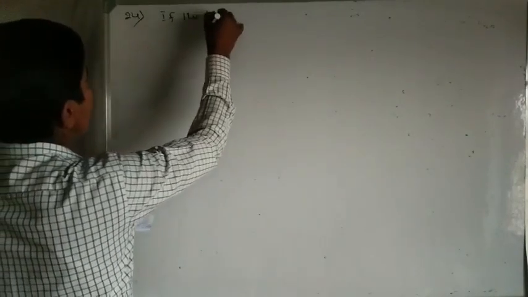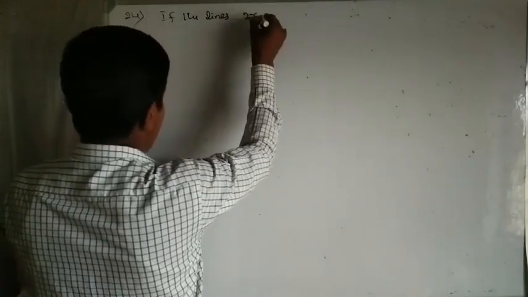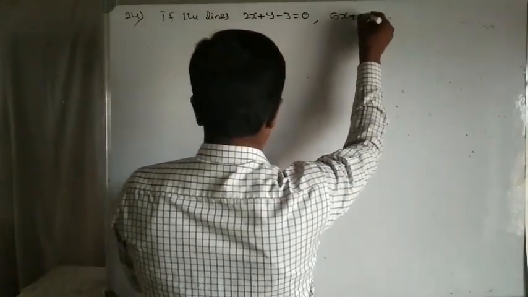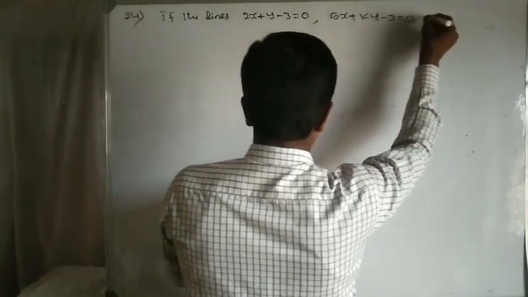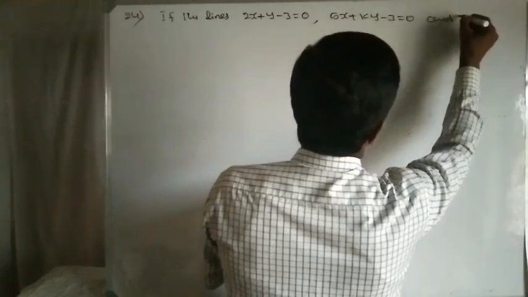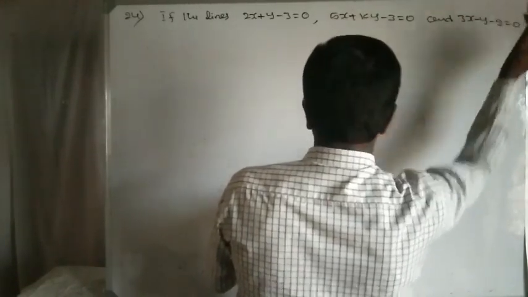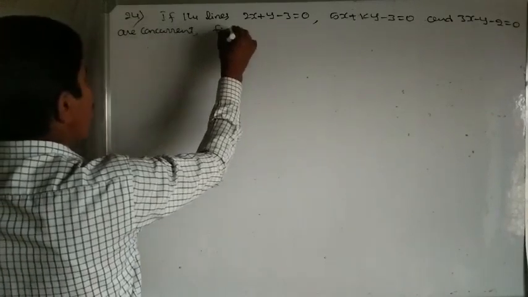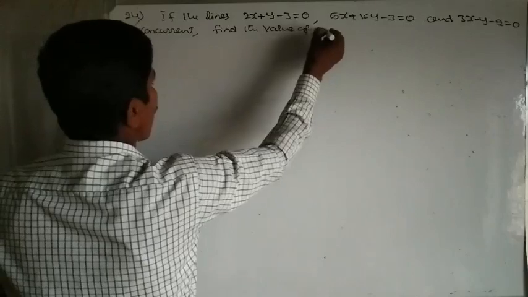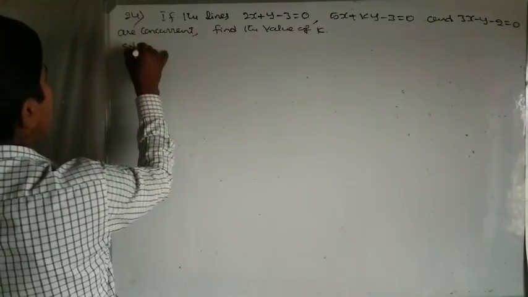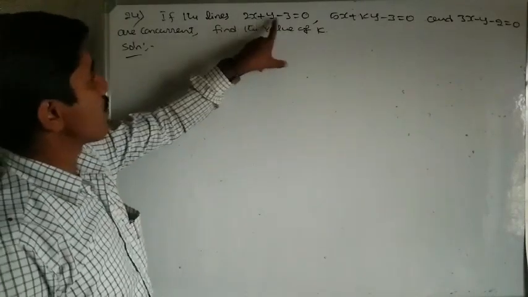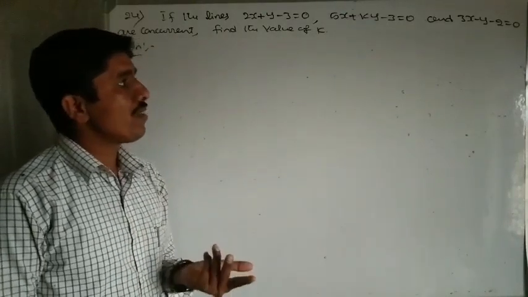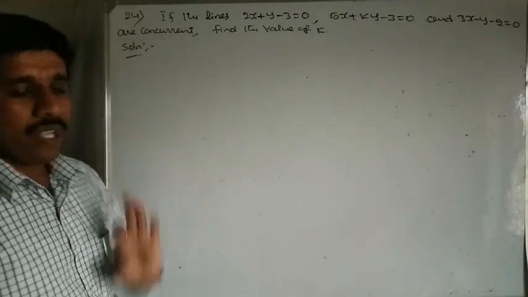If the lines 2x plus y minus 3 is equal to 0, 5x plus ky minus 3 is equal to 0 and 3x minus y minus 2 is equal to 0 are concurrent, find the value of k.